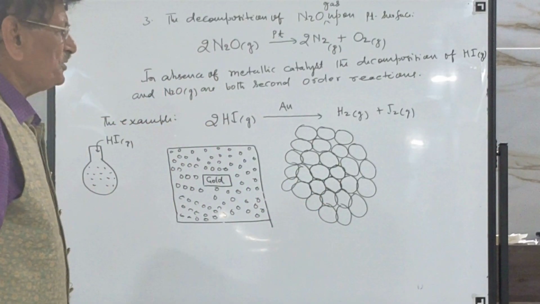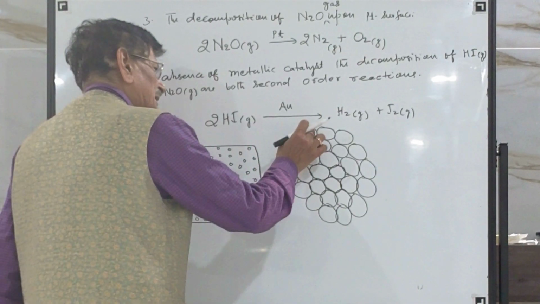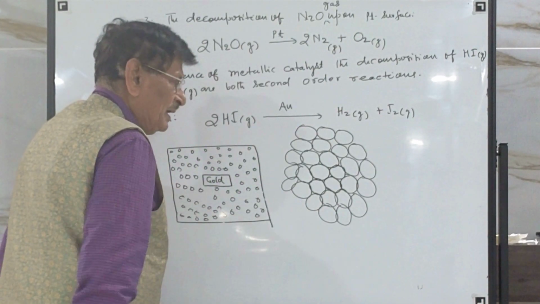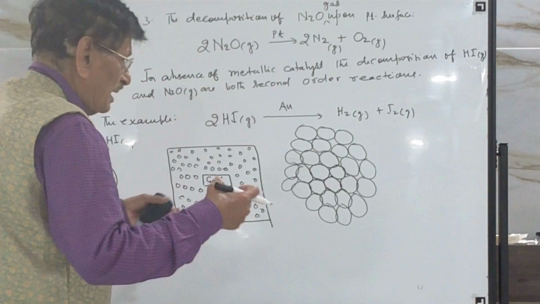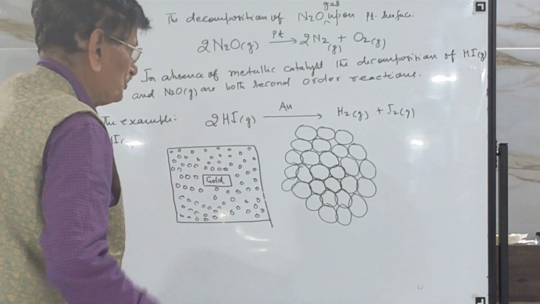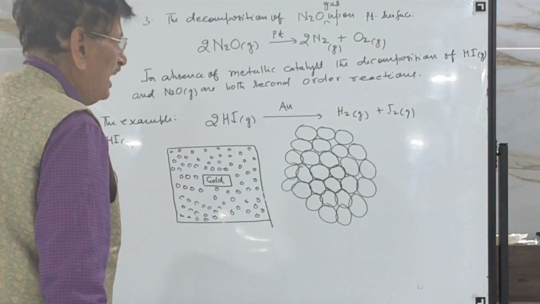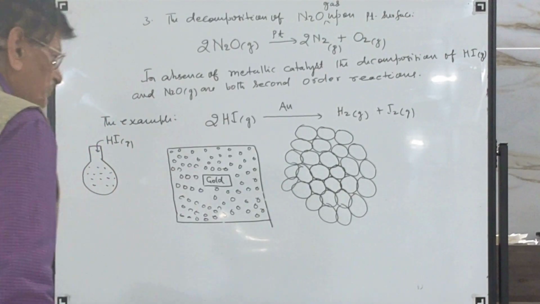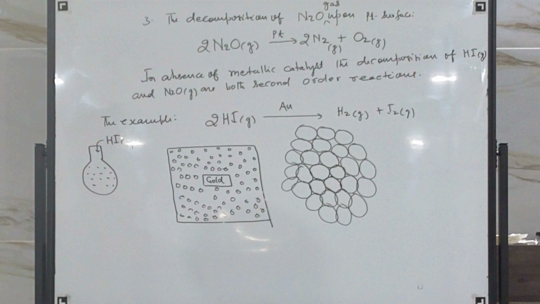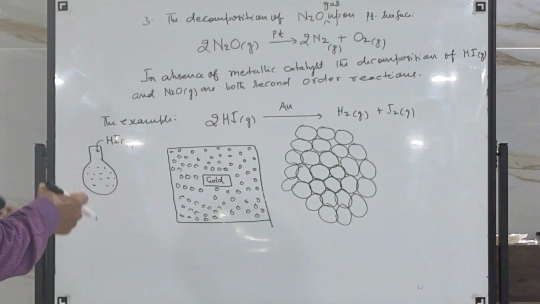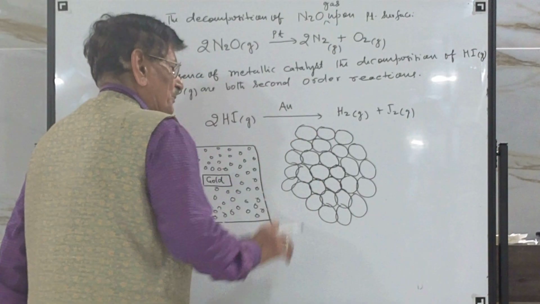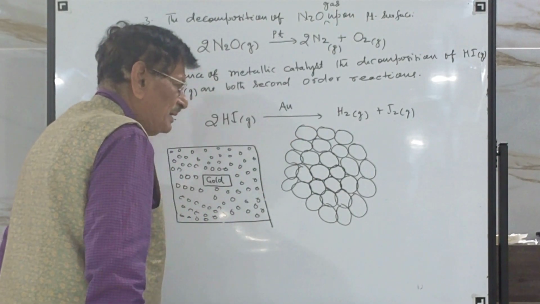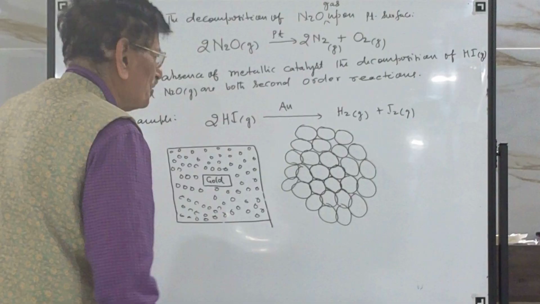So this is the metal, and these are the atoms of the metal. Because metal is in a solid state, the atoms of this solid metal are tightly packed together. The void between two atoms in the solid is almost negligible.